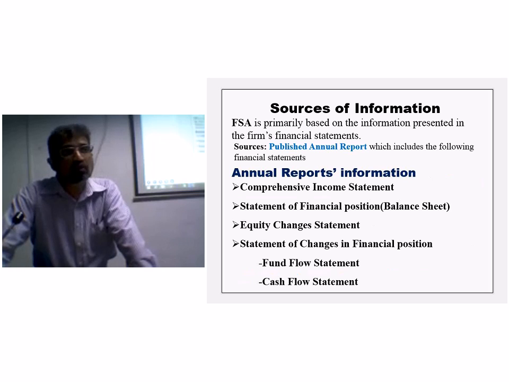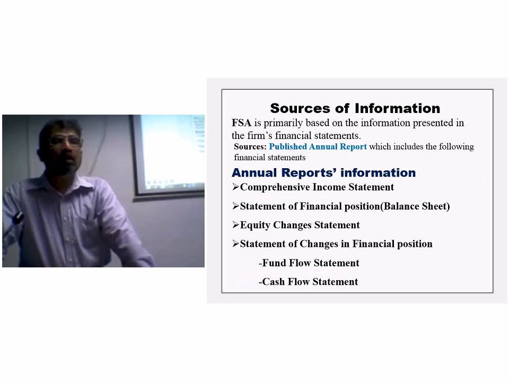If you move to the annual report or the financial statements, then in the annual report we can see a number of qualitative characteristics as well as the financial statements. Last time we discussed what are the important components of the annual report.